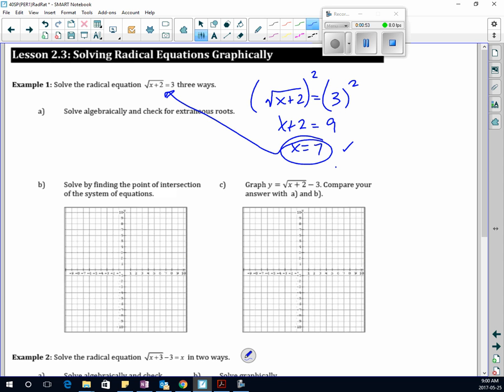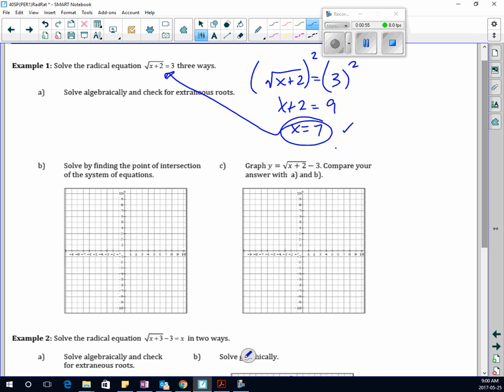So now we kind of mentioned this before, I think, but if you don't, does anybody know how to graph this equation? If I want to find the point of intersection of the two, what would I have to graph?